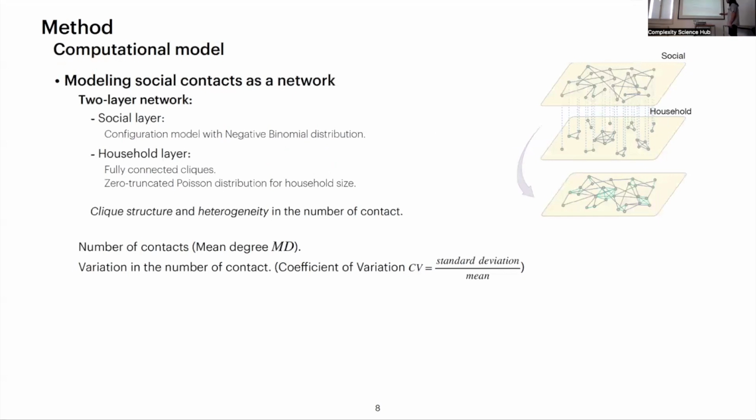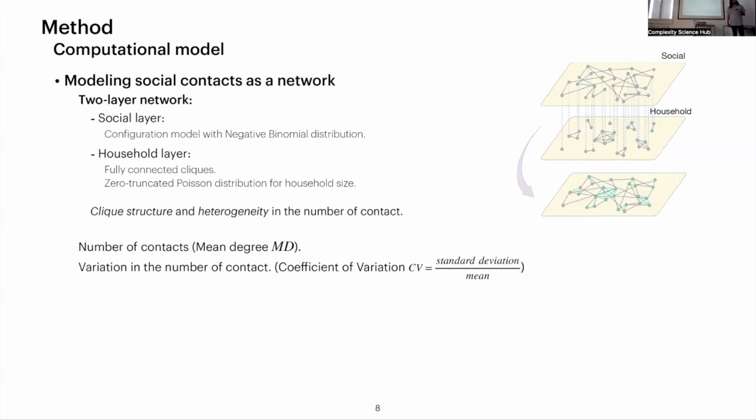To construct our network structure, we consider a two-layer network to be more realistic. The first layer represents interaction or contacts outside the household, so we call it the social layer.